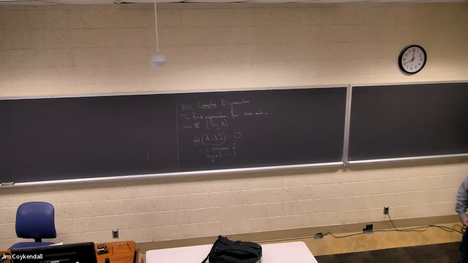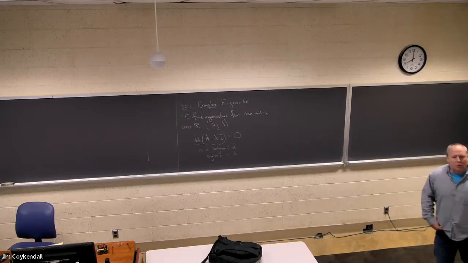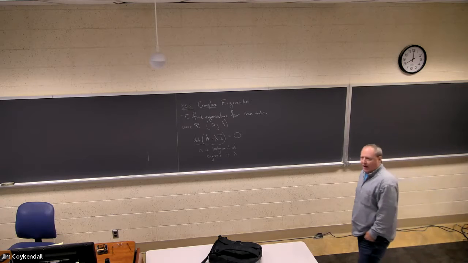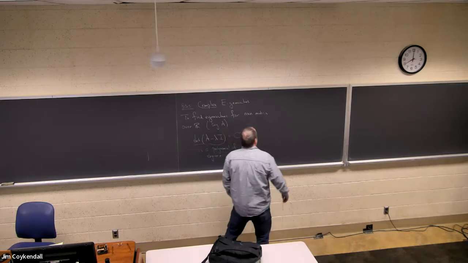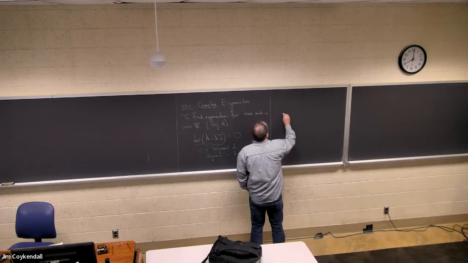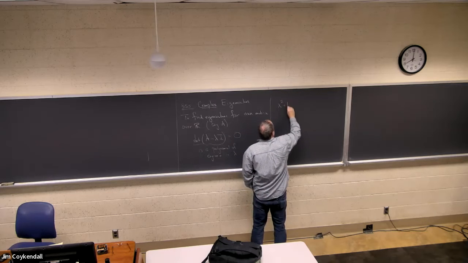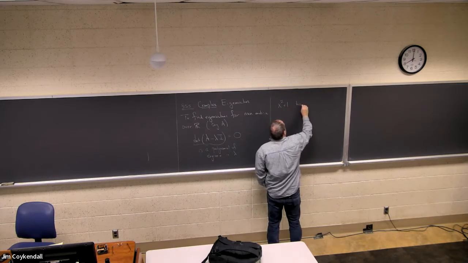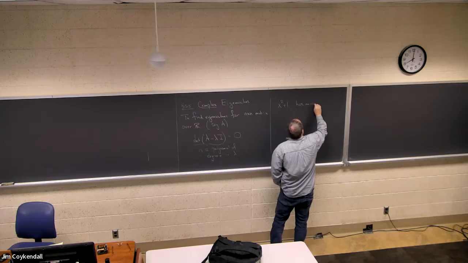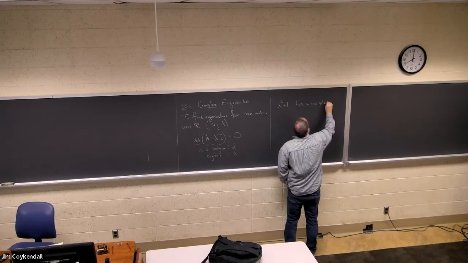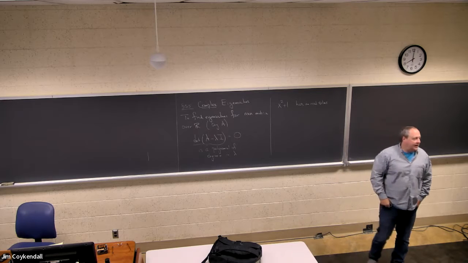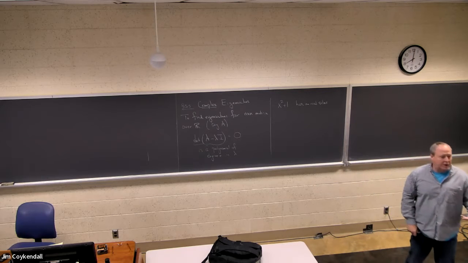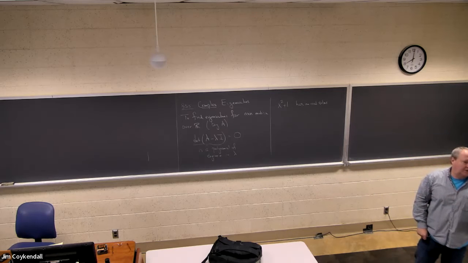Now, here's the problem. Real polynomials do not always have only real solutions. For example, but one thing that is true is every degree n polynomial has n complex solutions, right?